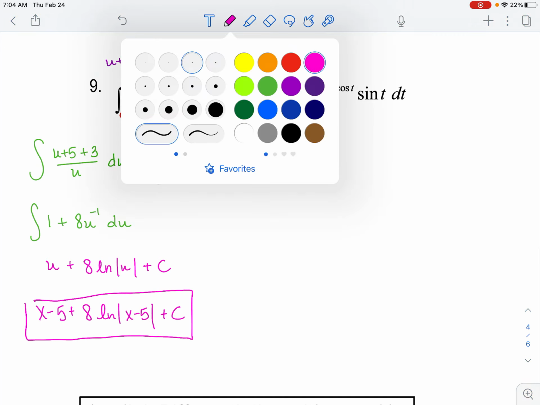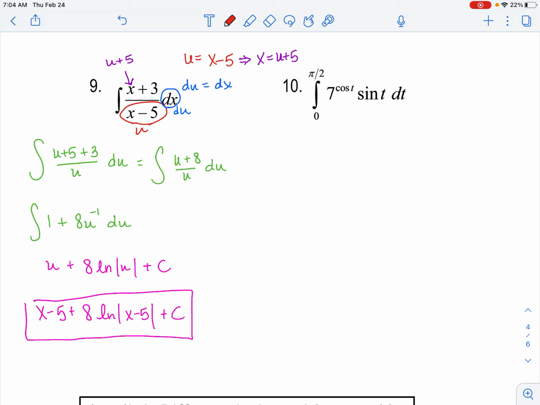All right, number 10. This is the last one we're going to do. This is a definite integral, so we've got the bounds on there, so that's going to be an extra little step in our problem here.